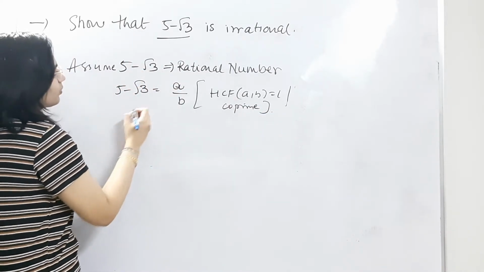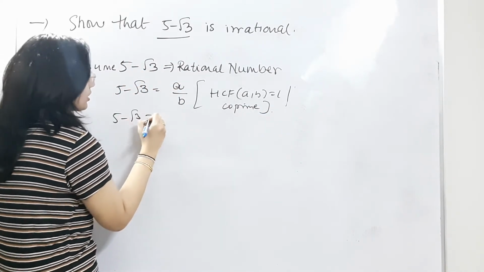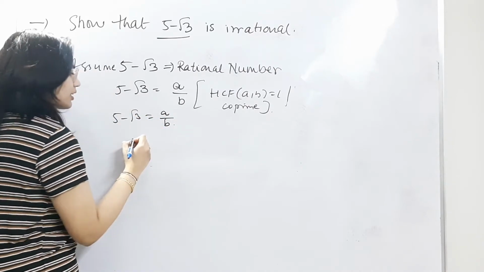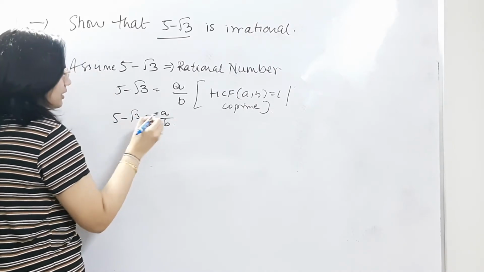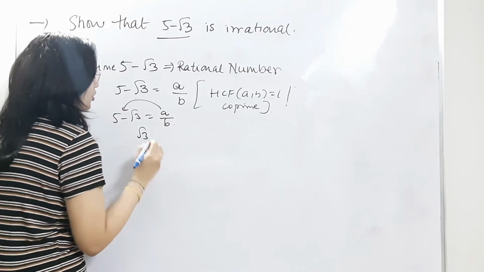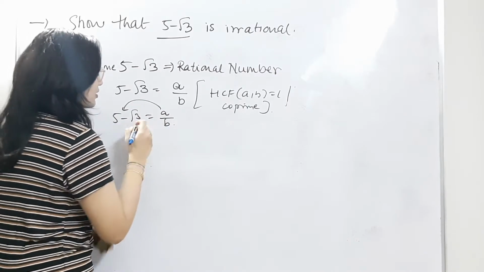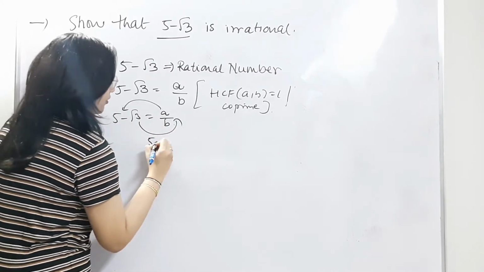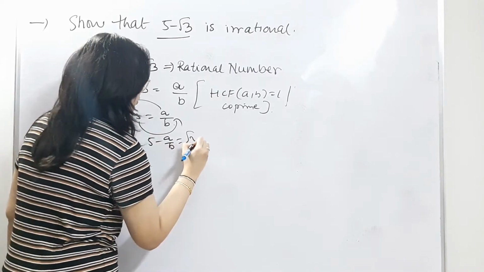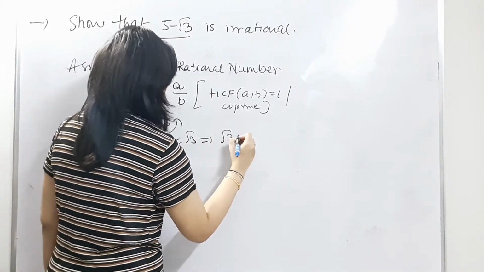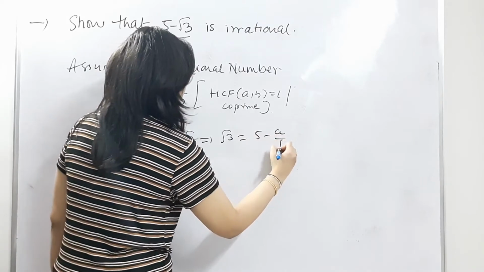Now, 5 minus root 3 is a by b. Can you take this here? What will we get? And this here? What will we get? 5 minus a by b is root 3. Or we can write this as root 3 is equal to 5 minus a by b.